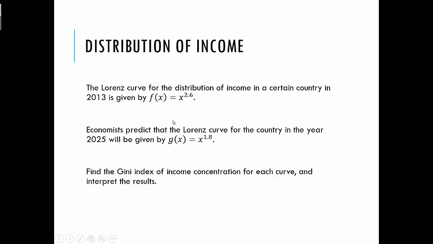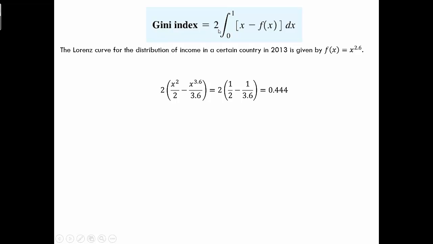So we're given the Lorenz curve for the distribution of income in a certain country in 2013 by this function, and I have another function that economists predict the Lorenz curve in 2025 will look like. Let's find this Gini index and explain what it means. Well, for the first one, I take this x to the 2.6. I do x, the antiderivative, x squared over 2, minus my f of x, which is x to the 2.6 plus 1.